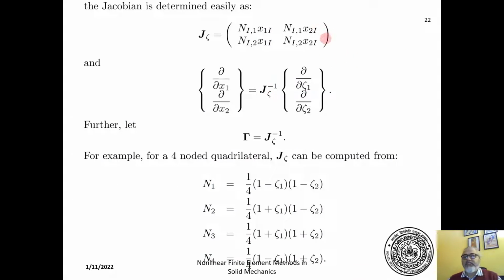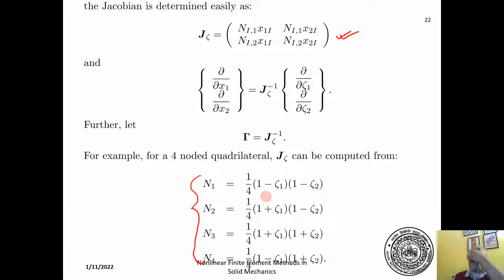So this is how the Jacobian would be written, and this can be completely specified if we know the coordinates of the nodes of the physical element and the shape functions. So for a four-noded quadrilateral, these are going to be the shape functions.